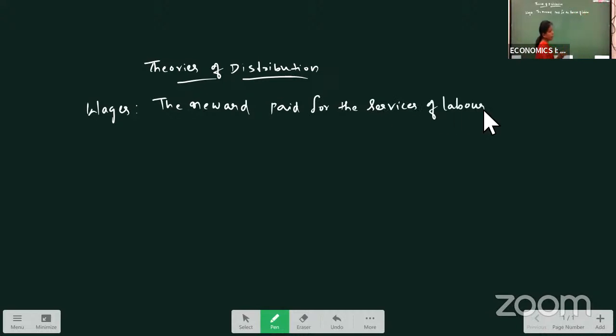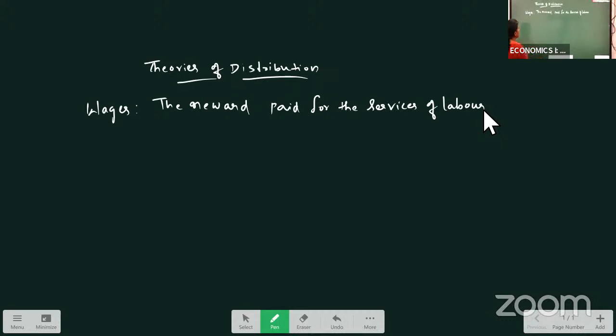The reward which is paid for the services of labor is called wages. When we take the services of labor in our production, when we use the factor labor, in return we pay some money to that labor for their services and efforts which they give for our production activity. That reward we call wages.